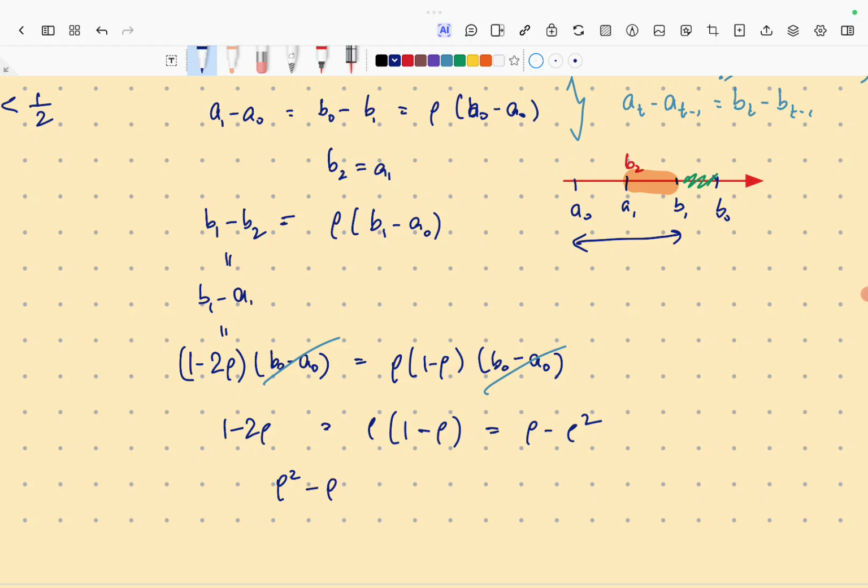So rho square minus 3 rho plus 1 should be equal to 0.